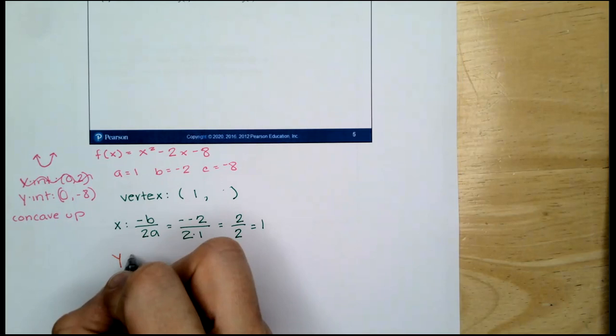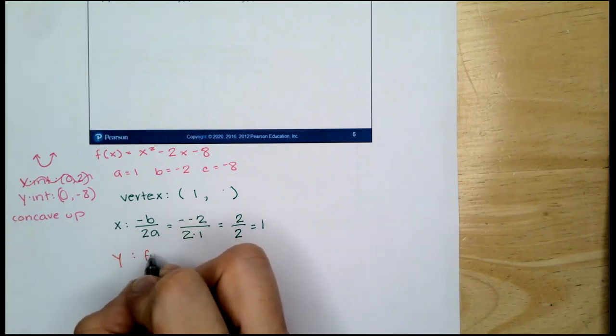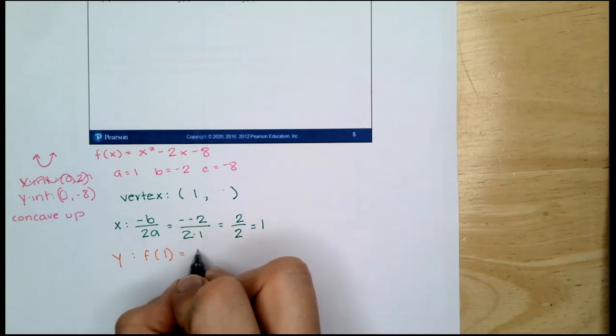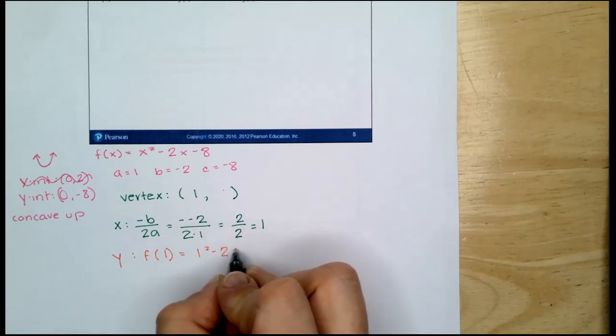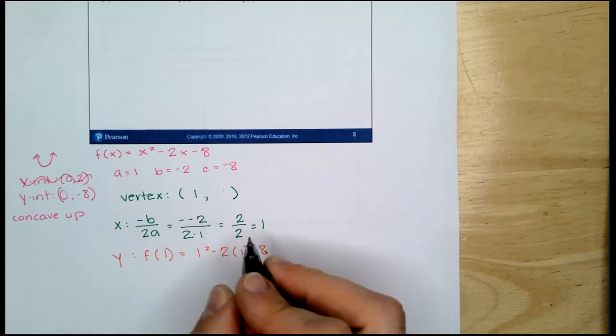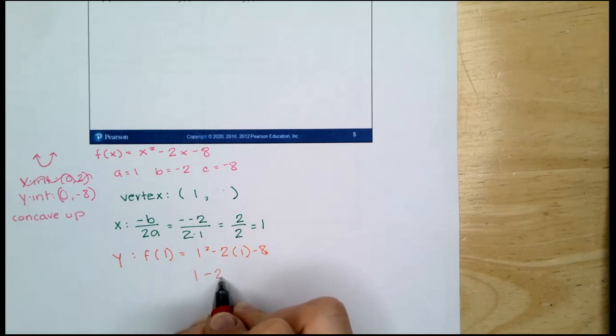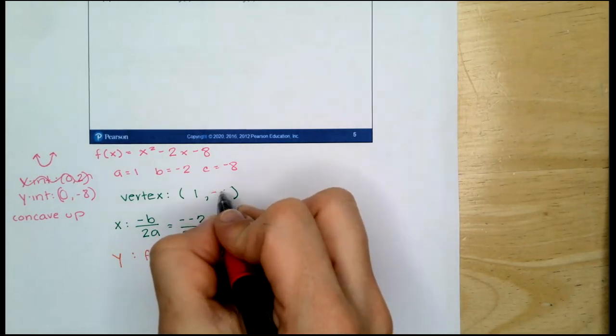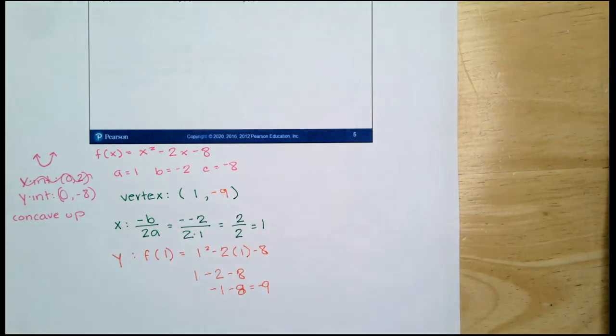The y is the f of -b over 2a, or the f of 1 is 1 squared minus 2 times 1 minus 8. 1 minus 2 minus 8. 1 minus 2 is -1, minus 8 is -9. Good.